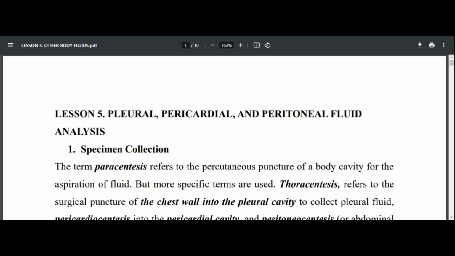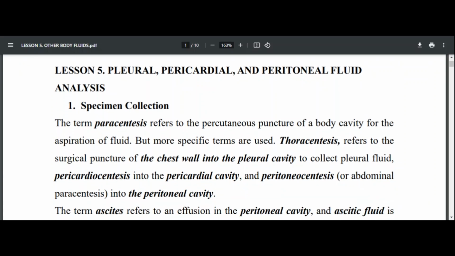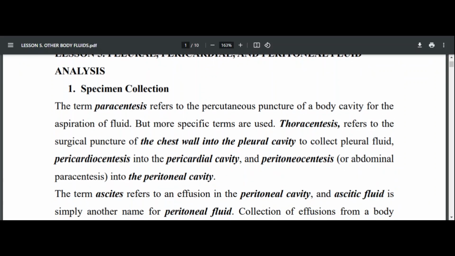The effusion fluids include pleural fluids, pericardial fluids, and peritoneal fluids. The term paracentesis is the percutaneous puncture of a body cavity for aspiration of fluids. It is what we call paracentesis, of course, through the skin.